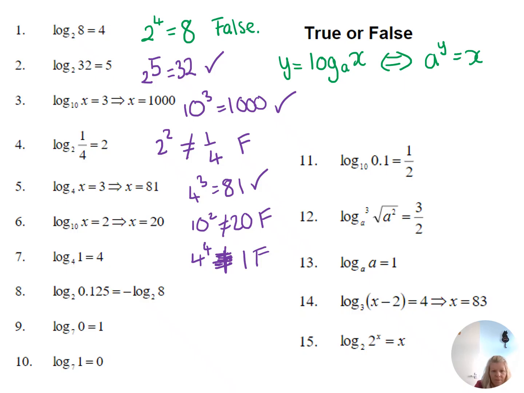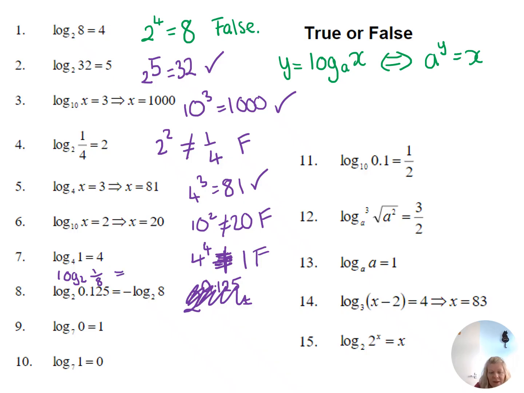Interesting one, this one. You could work them both out actually, because you don't really know this yet. However, you have had a homework on it before. This one is in fact log to the base 2 of an eighth, if you recognise that decimal.